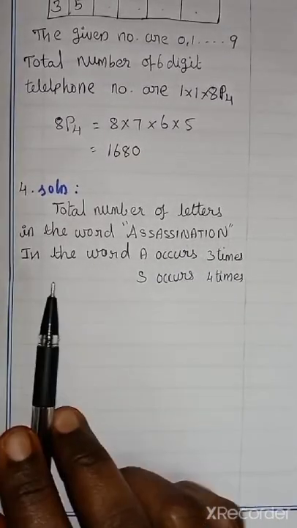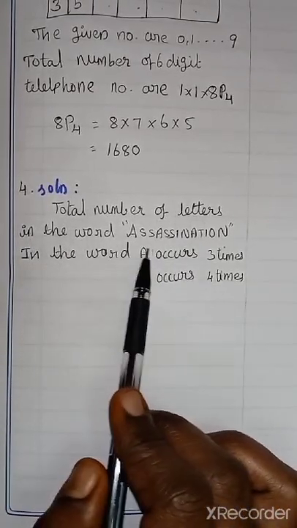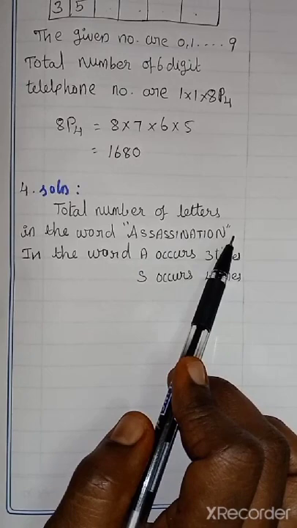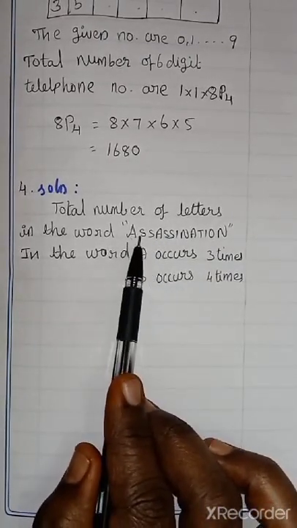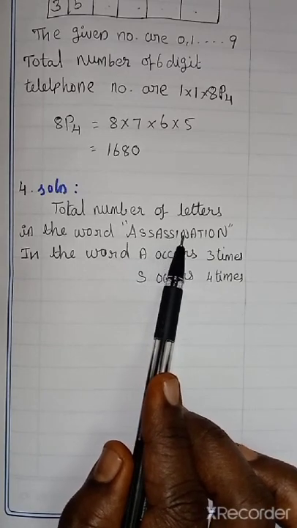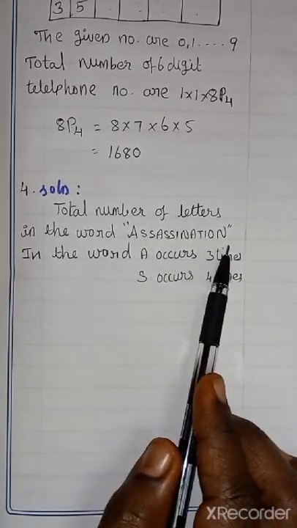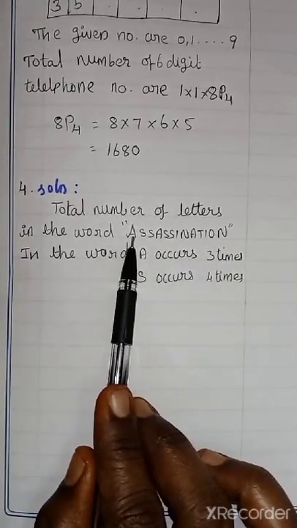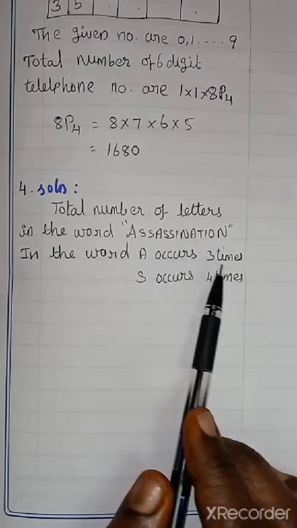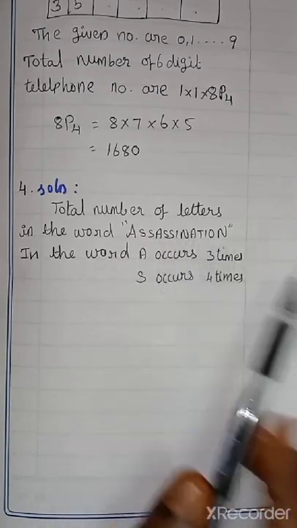Okay, so your solution: total number of letters in the word ASSASSINATION. That is 1, 2, 3, 4, 5, 6, 7, 8, 9, 10, 11, 12, 13. Totally 13 letters are there. In the word, how many times does A occur? 1, 2, 3. So 3 times. How many times does S occur? 1, 2, 3, 4. 4 times.